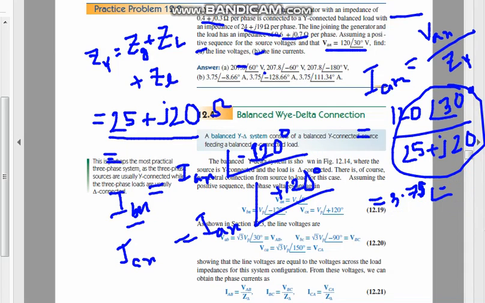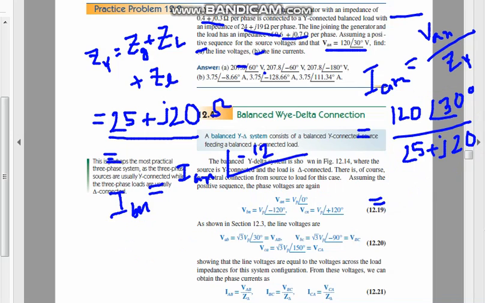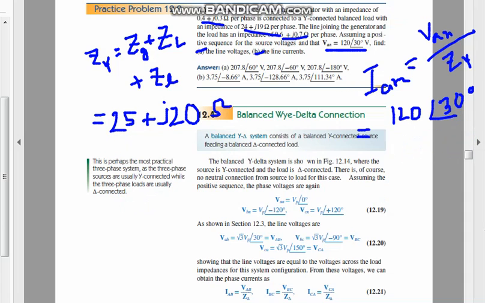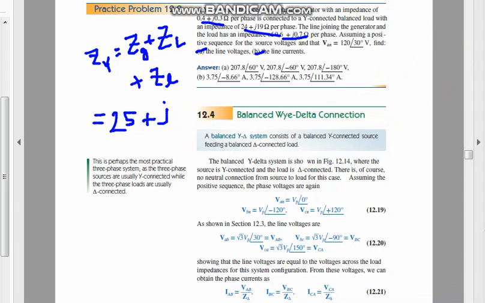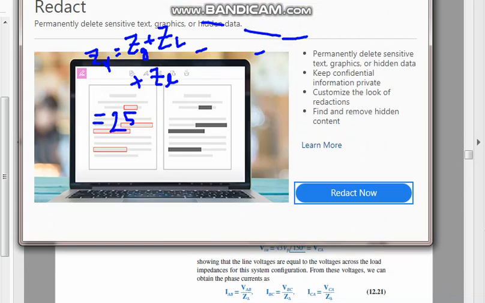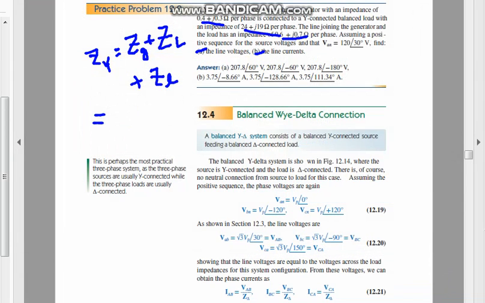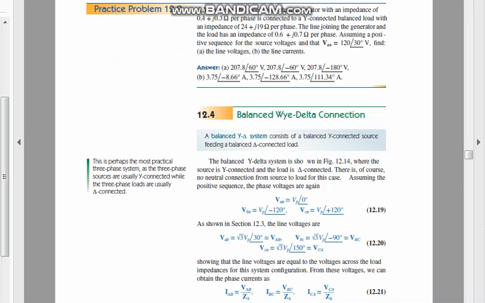Now coming back to the line voltages, how could you find them? As you know, VAN is the positive sequence; find the other VBN and VCN apart and then calculate. Now I will make it easier for you to find the line voltages. First of all, the line voltage VAB means the voltage difference between two phases.